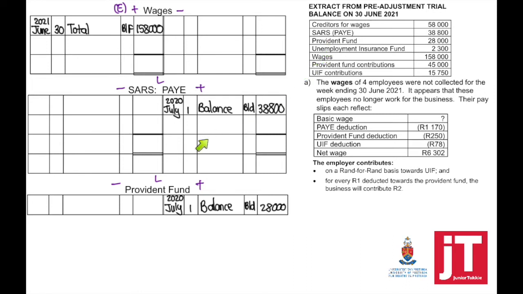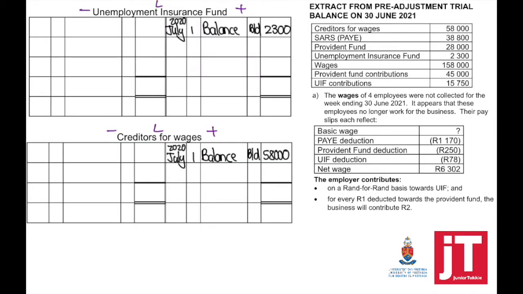Provident fund is a liability, so the balance brought down appears on the credit side. Unemployment insurance fund is a liability, so the balance brought down appears on the credit side. Creditors for wages is a liability. It means that the balance brought down will appear on the credit side.